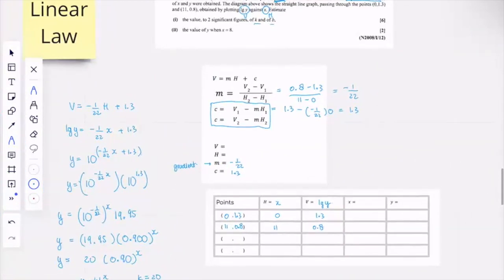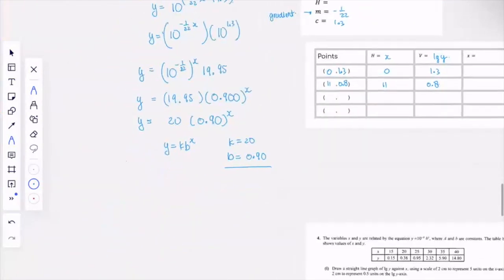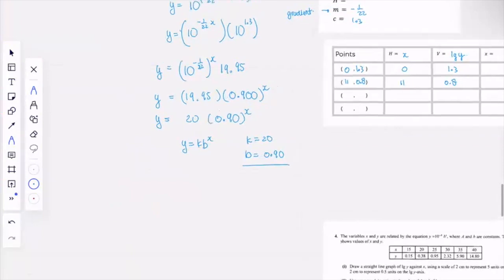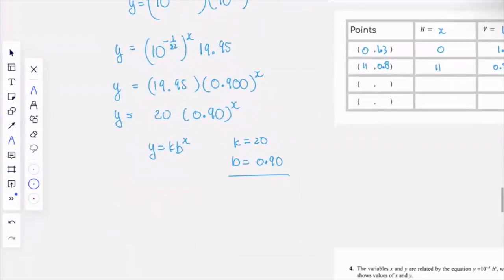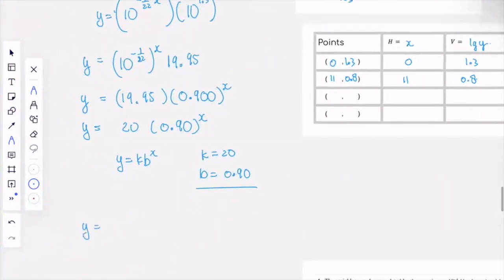Then the second part, the value of y when x equals 8, is even simpler. We just substitute x equals 8. So y is 20 times 0.90 power 8.